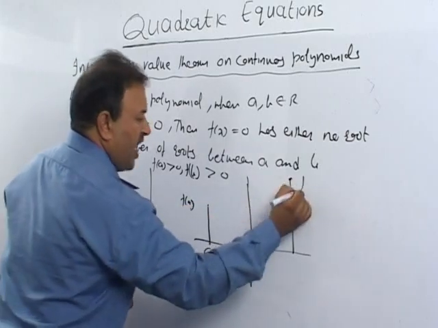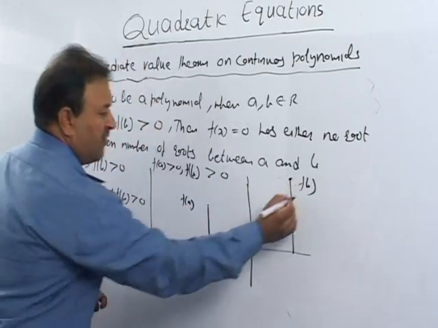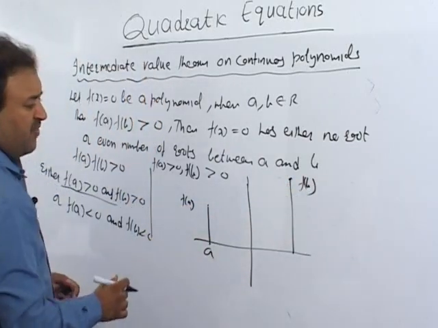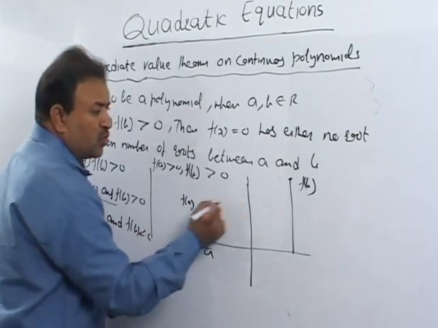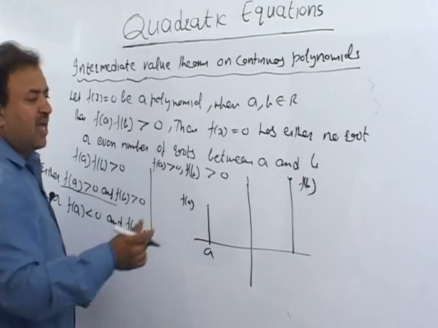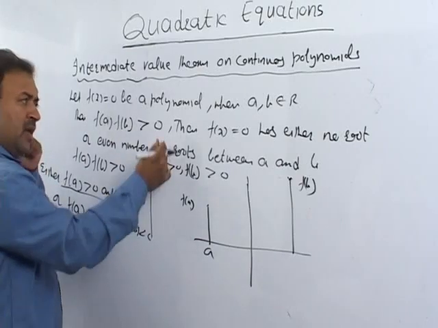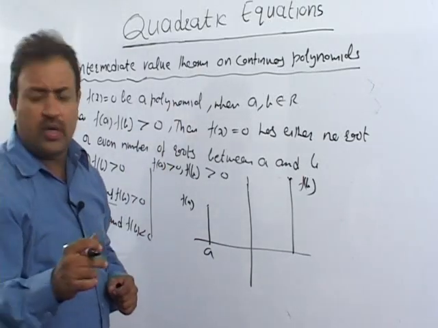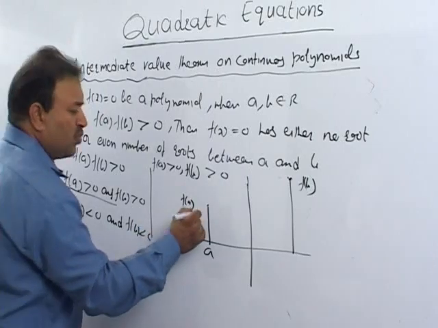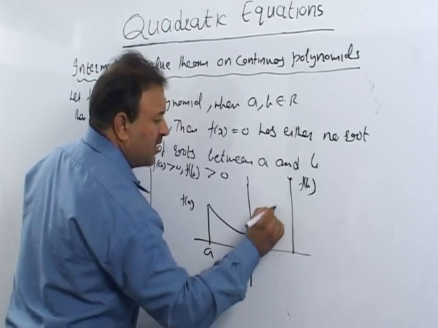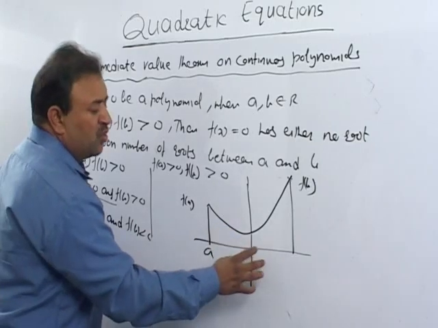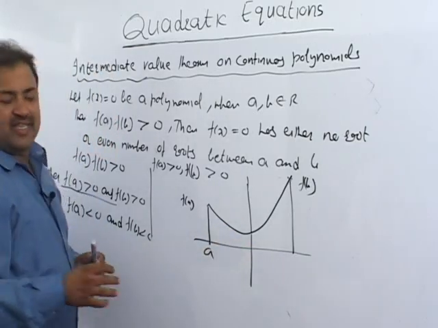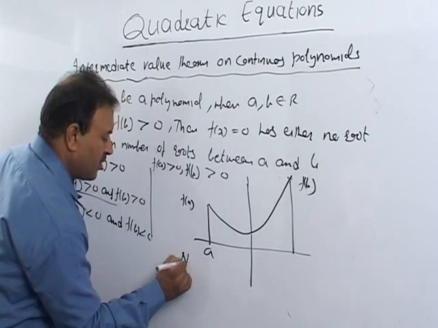We have been given f(a), f(b) both positive, and at these 2 points the curve must pass, and it is continuous, since polynomials are always continuous functions. So one case will be that the curve goes like this way. This clearly indicates the curve does not meet the x-axis, means no real root.